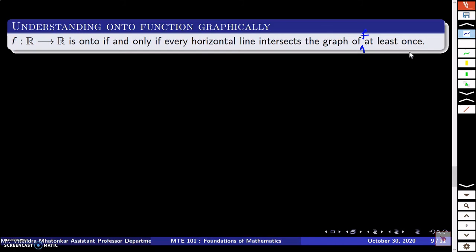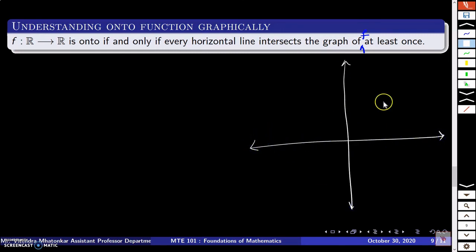Okay, so at least once meaning what, either once or twice or thrice, but at least one, minimum once it should touch the graph of the function. So if I draw the graph again, let me do it in general. So supposing I have this graph, some graph I will draw. Okay, let's say some straight line again.